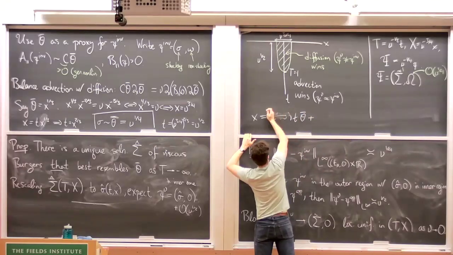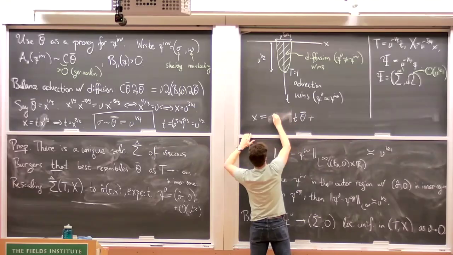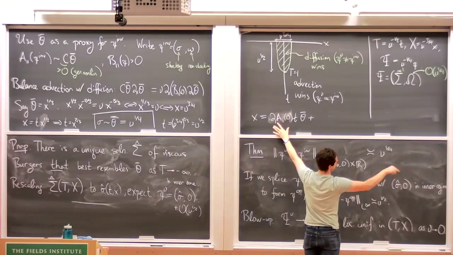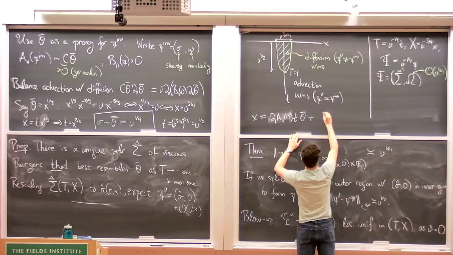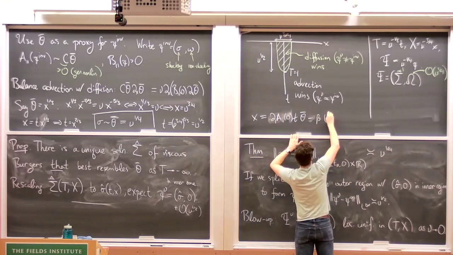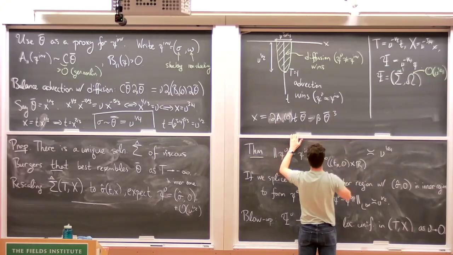So actually, I can be more specific now. This is that same genuinely nonlinear coefficient that appears in viscous Burgers. And then we'll have minus beta times theta bar cubed.